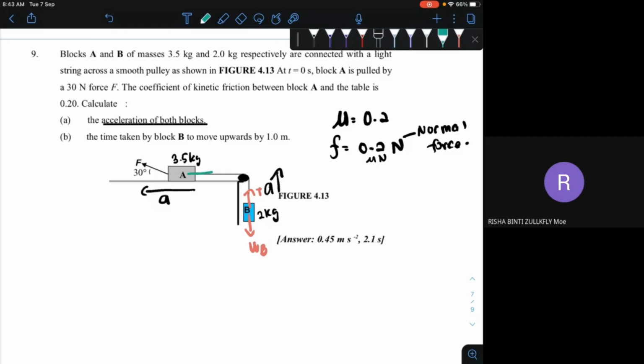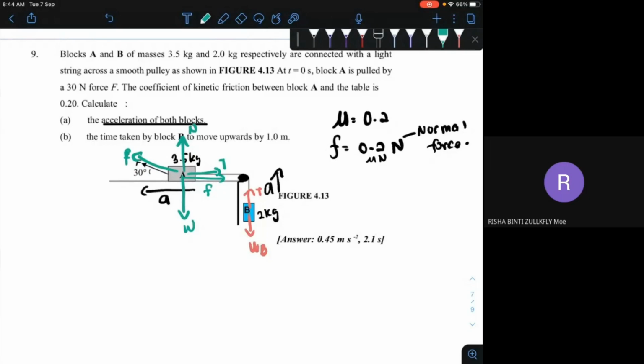So untuk objek A, kita akan ada tension, kita akan ada weight, kita akan ada normal, kita ada external force dan friction kita in this direction opposite to the direction of the motion. So these are the forces that we have.